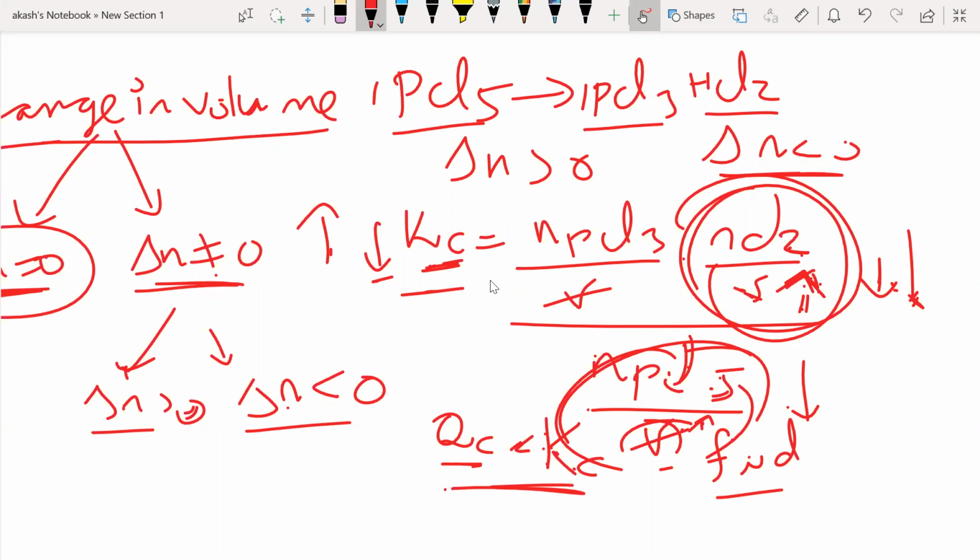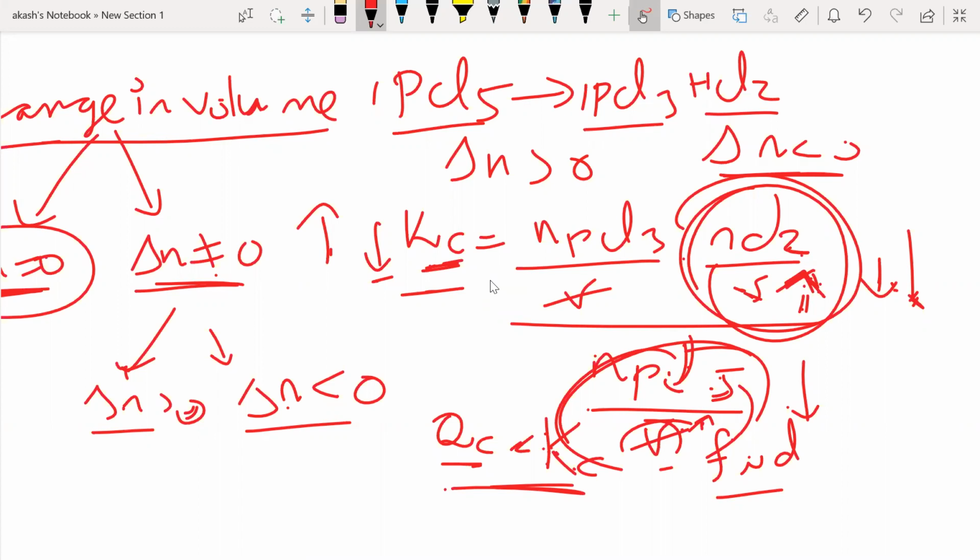Whatever I'm going to tell, for increase in volume, decrease in volume will have the exact opposite effect. Okay, fine. So increase in volume will shift the reaction to the side which has more stoichiometric coefficients.